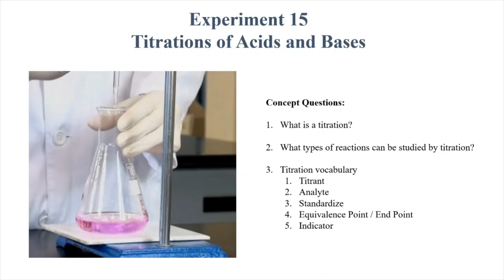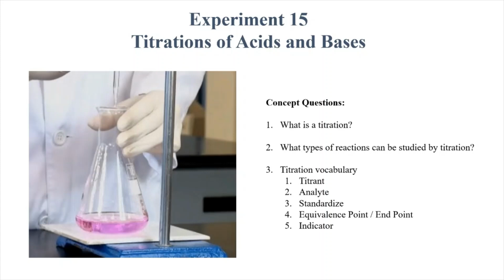For example, if you had an oxidizing agent as your titrant, you could have a reducing agent in your analyte, and reacting the two together will give you a redox reaction. Another one that's very common is precipitation reactions. You can precipitate an ion out of solution by titration to discover what the original concentration was.